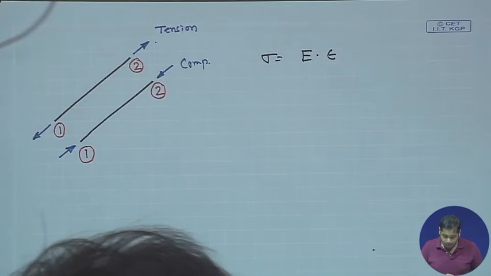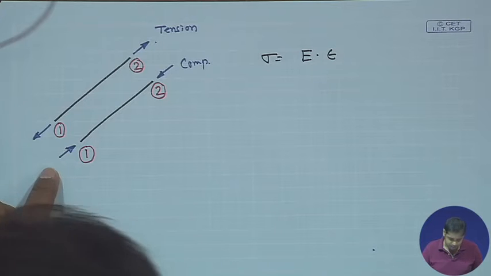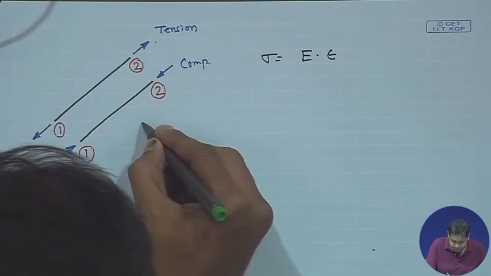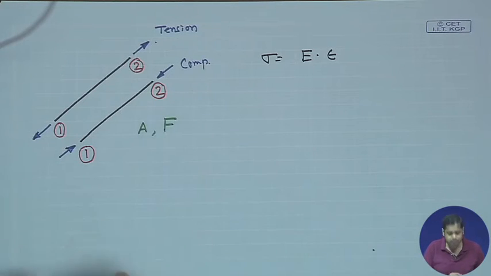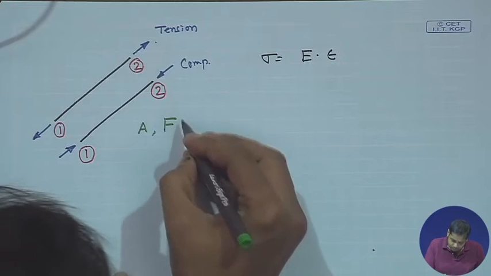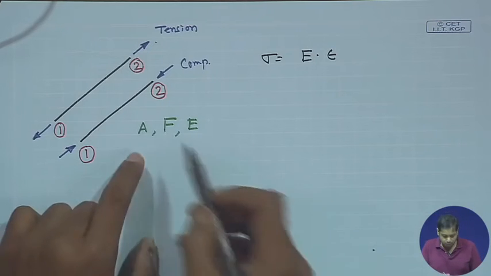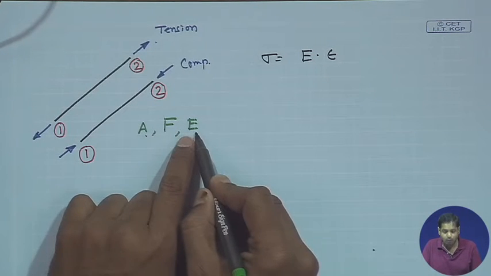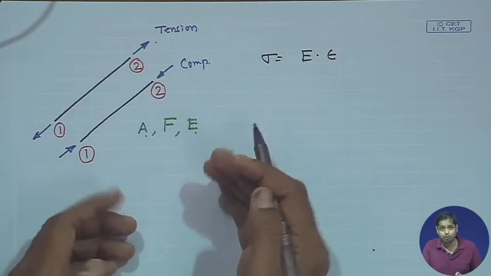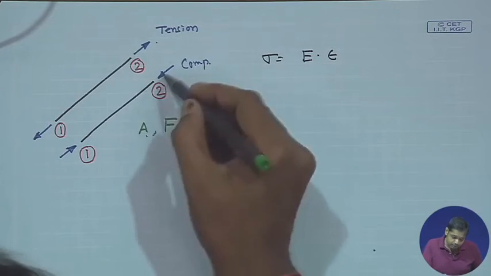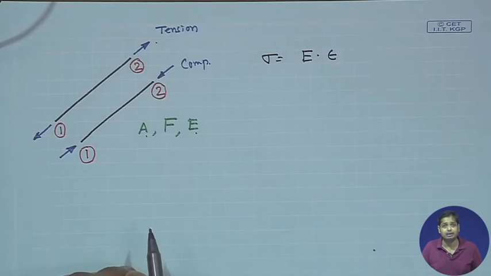Now, suppose the cross section area of this truss member is A, and suppose this truss is subjected to a force F. Again, suppose the Young's modulus of this truss member is E. So, cross sectional area is A, Young's modulus is E, and this truss member is subjected to a force F. That force could be compression or tension, but the force is along the longitudinal direction of the truss member.